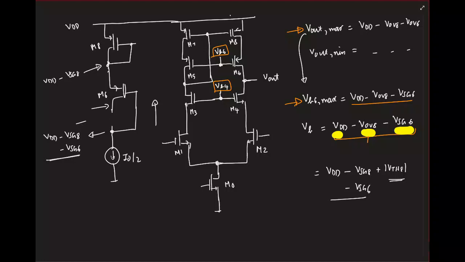So now if you put a resistor here, I know the gate voltage, which is basically this voltage. This is the gate, right? So the voltage at the other end of the resistor will be what?